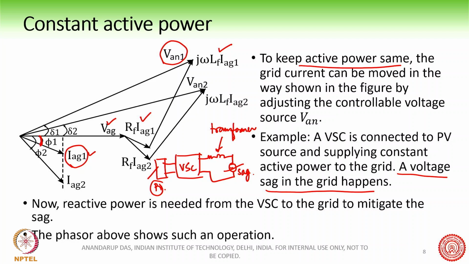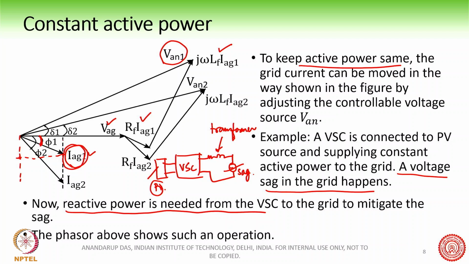Now what happens to the operation of the VSC? We have understood that the VSC is now working like this, with this kind of phasor diagram. Now we want to inject reactive power from the VSC. Note what reactive power is supplied initially. Initially the VSC is already supplying this much reactive power.